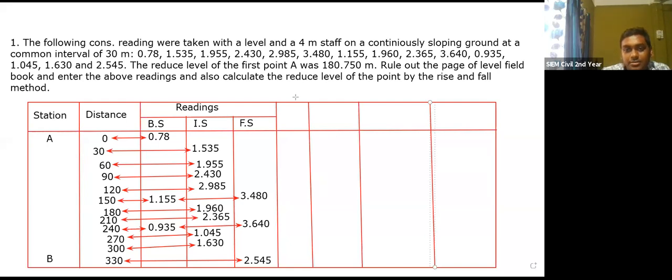So first, right here, the rise, and here is the fall. And next one is the reduced level, RL value.